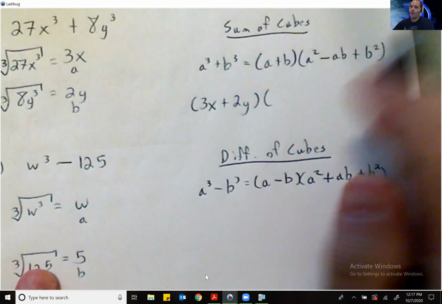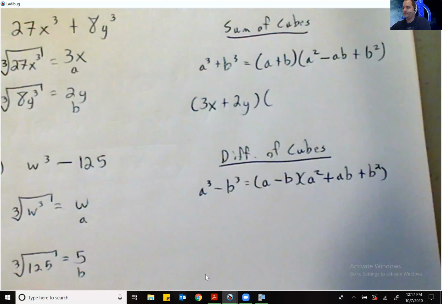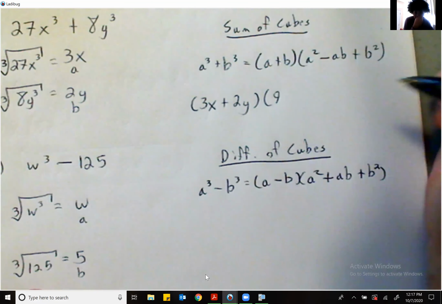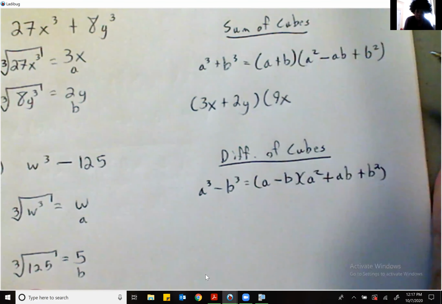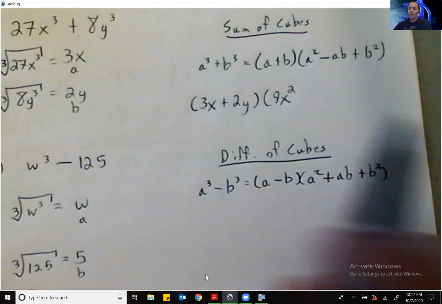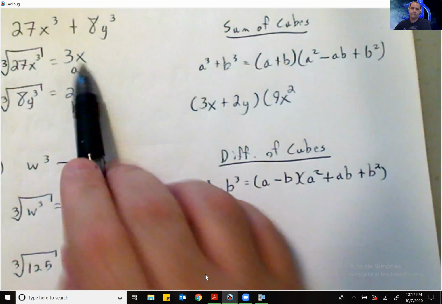Now this says square the A. So take 3x and square it. What do we get? 9x squared. 3 times 3 is 9. X times x is x squared.